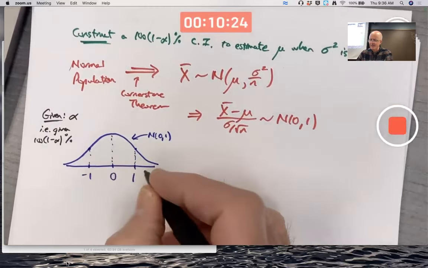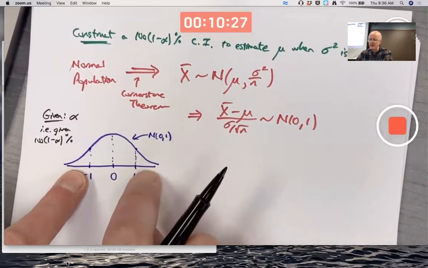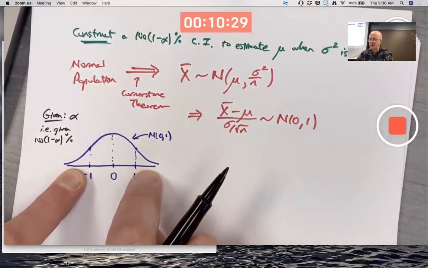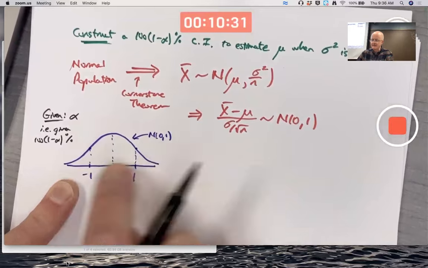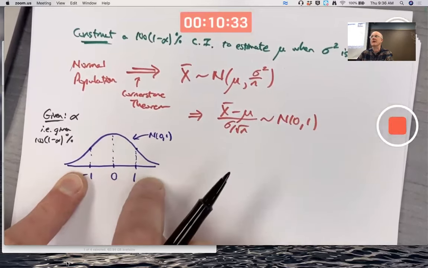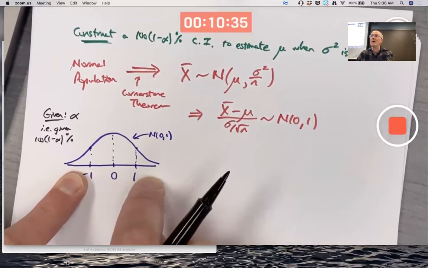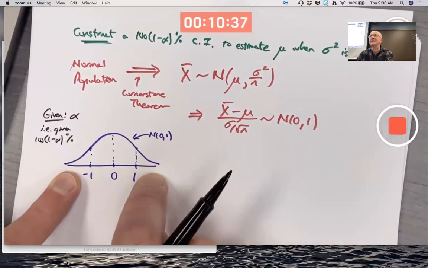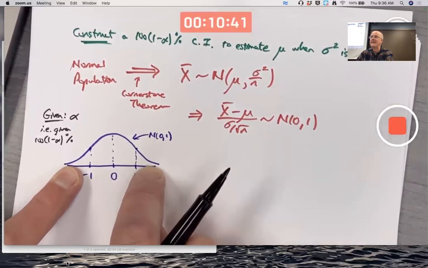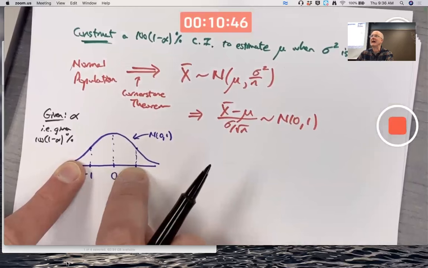Pick, I'm not going to draw them, but pick numbers on the horizontal axis that are symmetric about 0, meaning they are opposites of each other, like 1.96 and -1.96 are our favorite ones to use, in such a way that the area under the curve between those two numbers is 1 minus alpha.